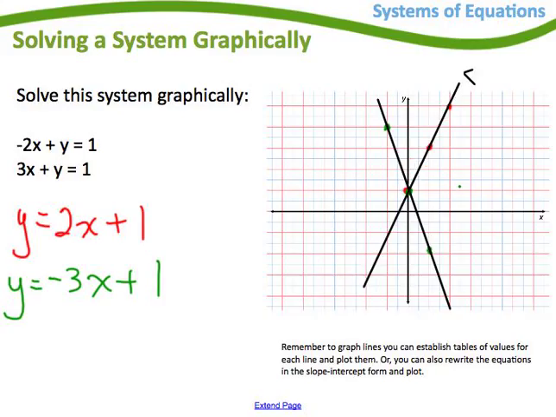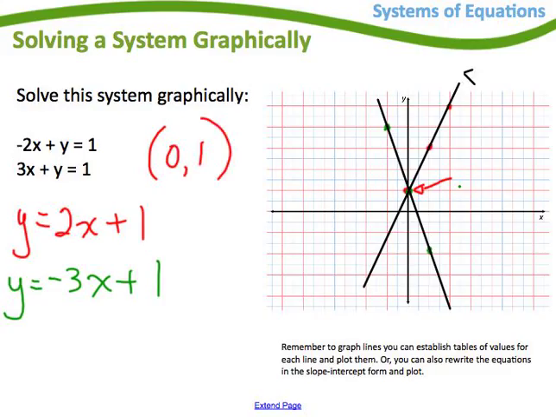So the question says solve this system. Or in other words, I have two lines or two equations and I want to know where they cross. So in this case, these two linear equations cross right there at that point. So graphically, I can see that the solution to that system is the point (0, 1).